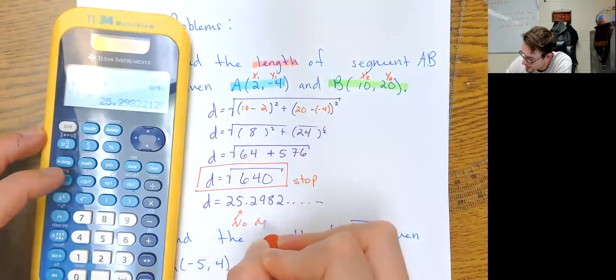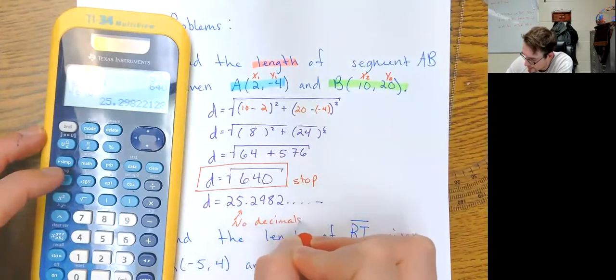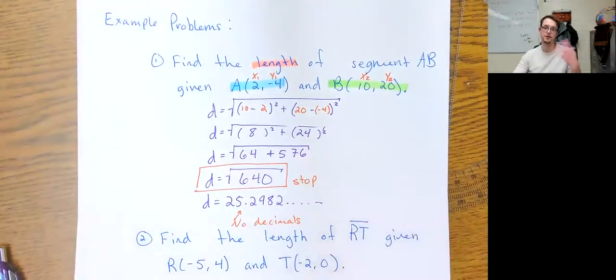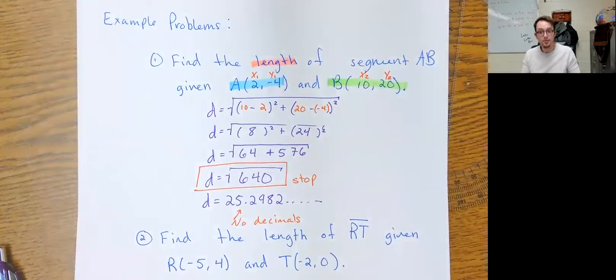No decimals. All right, stop there. That goes to my students. I don't know what other teachers would want, whether they round to 2 decimals or simplify the square root.